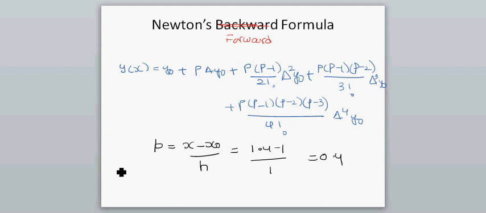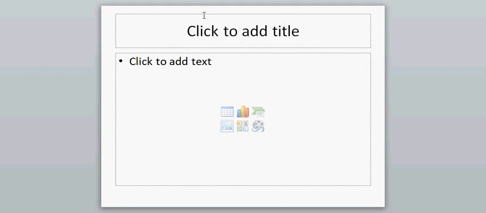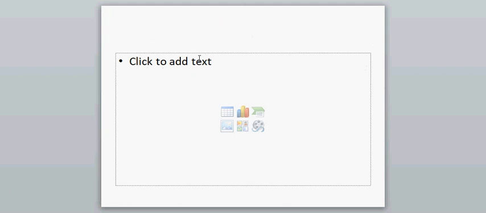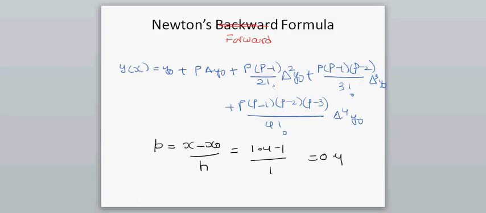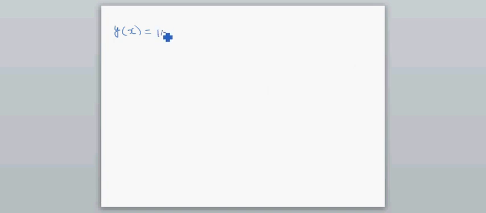Now we have to substitute everything in the formula. We have y of x equal to y naught, which is 10, plus p, which is 0.4, into delta y naught, which we got as 16, plus p into p minus 1 divided by 2 factorial into delta square y naught, which we got as 6.